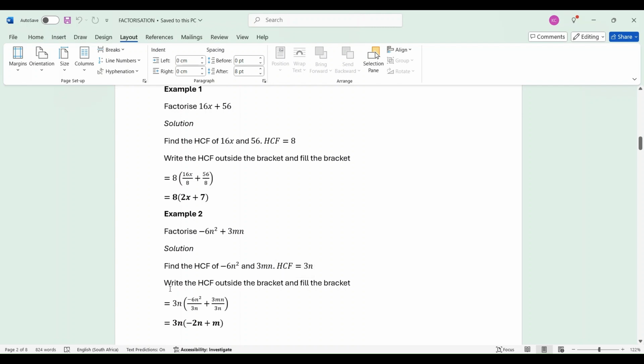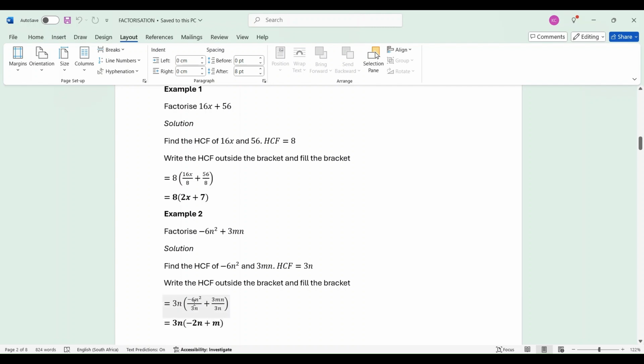So our highest common factor is 3n. So we are going to factor out the 3n. Then in brackets we'll be left with minus 6n squared divided by 3n, which is our highest common factor, plus 3mn divided by 3n. And eventually our final answer is going to be 3n.